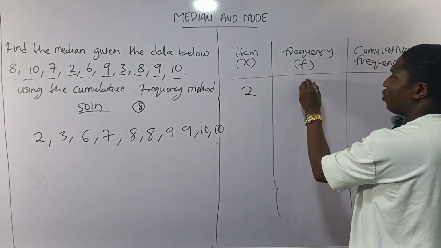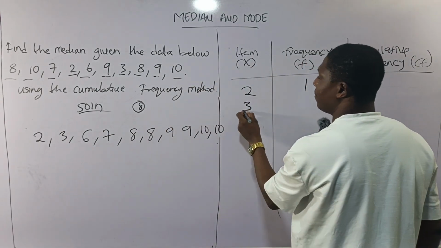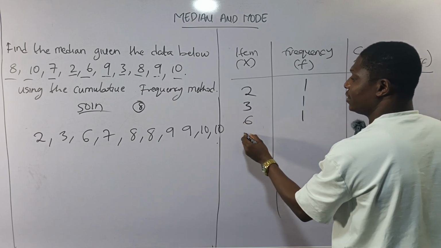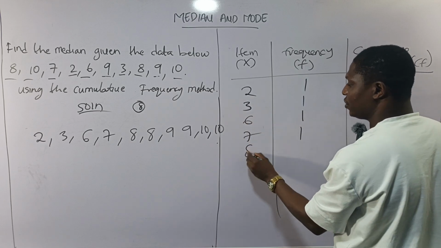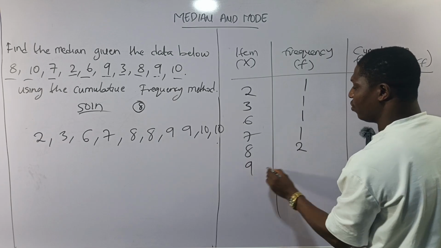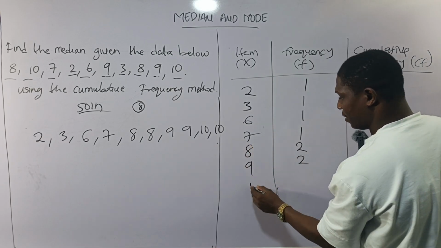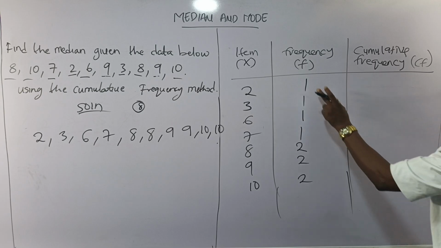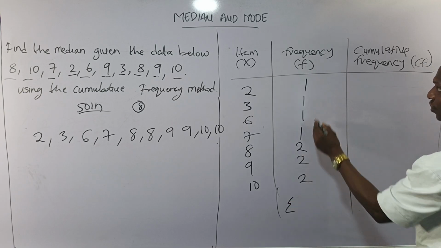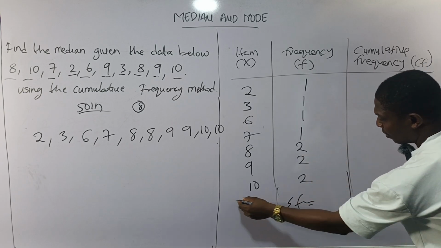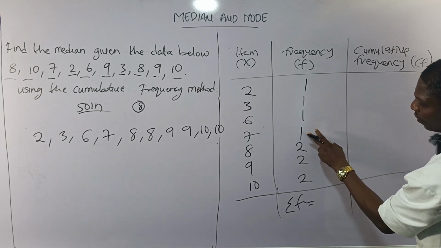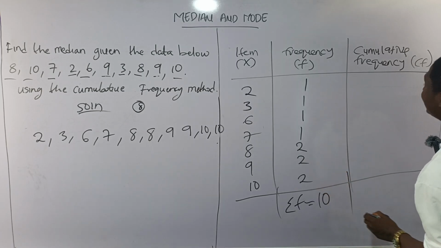How many times does 2 occur? 1. 3. How many times does 3 occur? 1. 6 occur once. 7 occur once. 8 occur twice. 9 occur twice. And 10 occur twice. So our summation of frequency is the addition of this, which is summation F. Will give me 1, 2, 3, 4, 6, 8, 10, which is equal to 10.